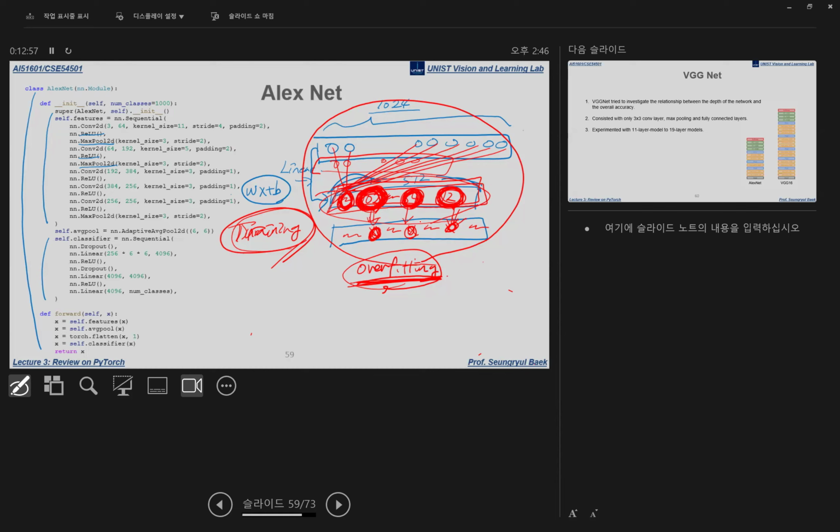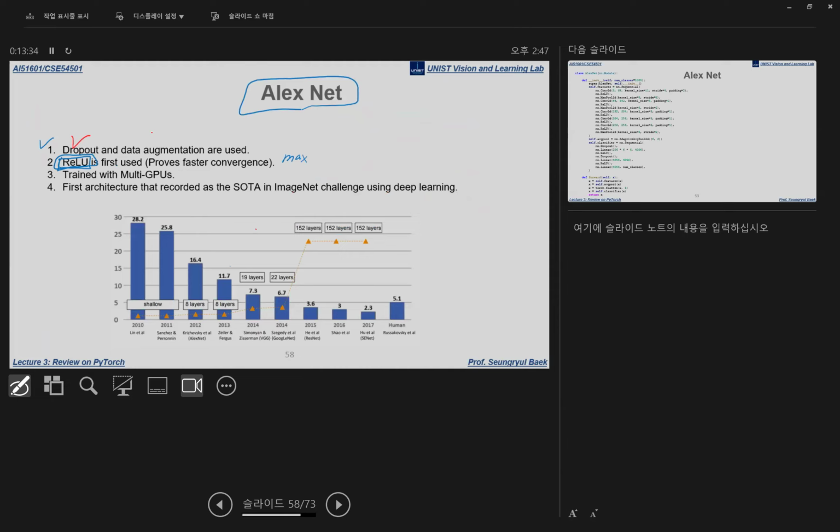But if you use these dropout layers, then your model cannot be overly tuned to the training data because all the connections are omitted randomly during the training. So involving some randomness is in general helpful for making the model robust to the overfitting phenomenon. Okay, so dropout is the scheme added to make the model robust to the overfitting phenomenon. So that is the first thing, dropout.